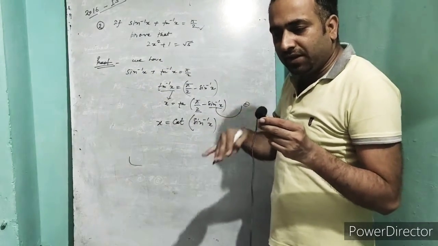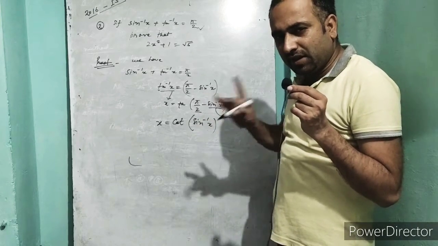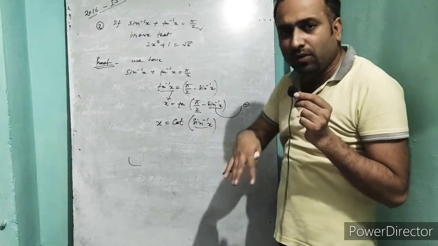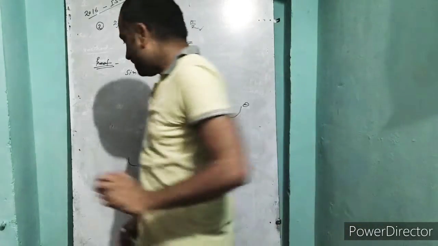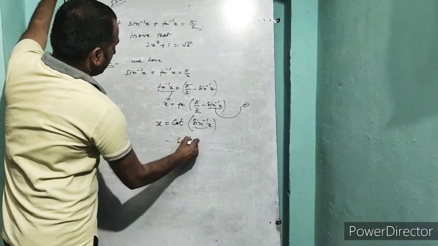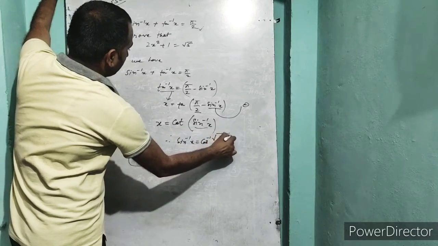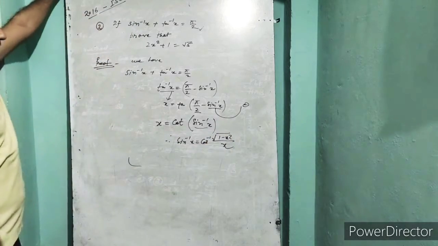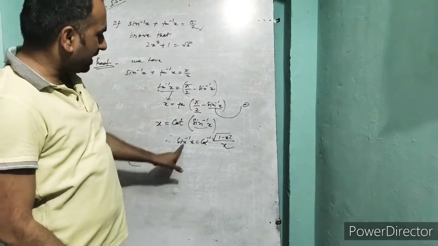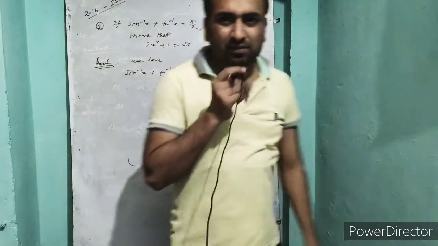Tell me a single formula where sine inverse x can change into the form of cot. See the formula: sine inverse x is equal to cot inverse of under root 1 minus x square upon x. So here sine inverse changes into the form of cot inverse. These are the conversion properties.